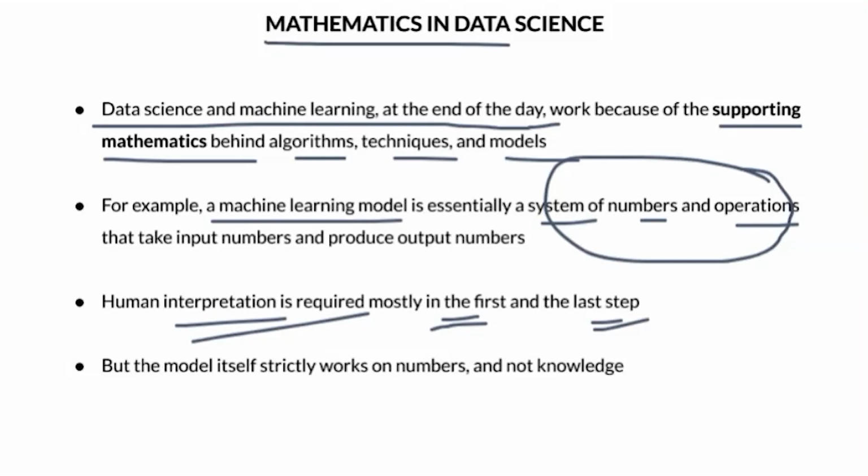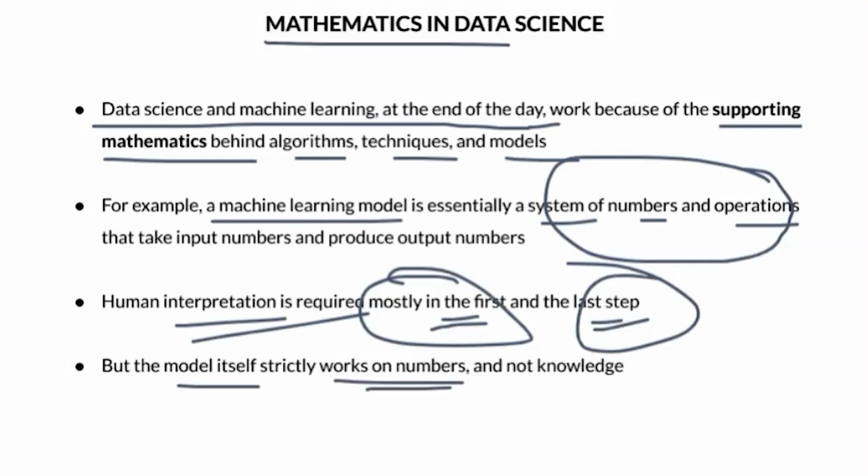In fact, in machine learning, the human interpretation and interference, so to speak, is mostly in the first and last step. You'll look at machine learning a bit later in the program. A model itself just strictly works on numbers and not knowledge. So we need to understand how these numbers work and how we interpret these numbers.